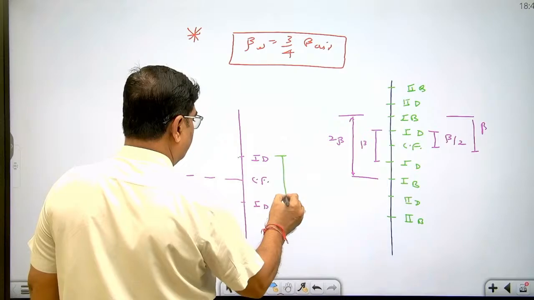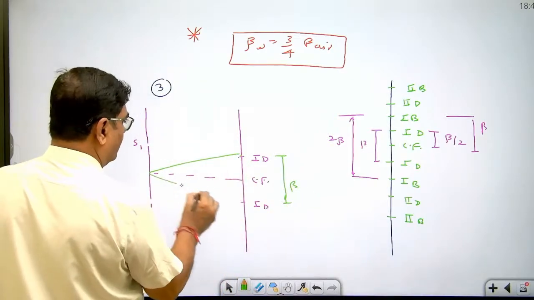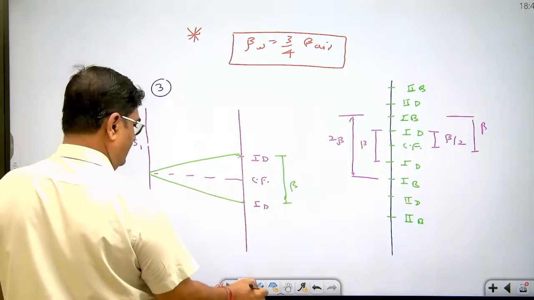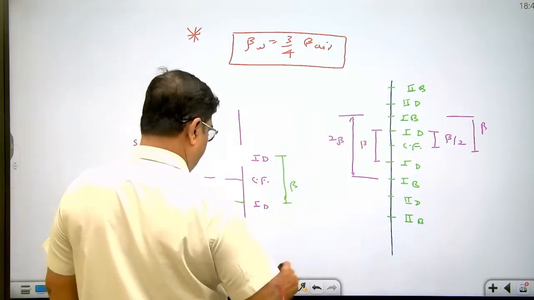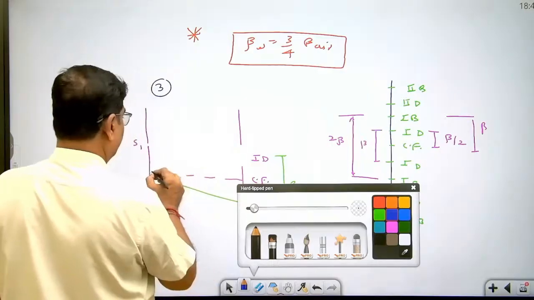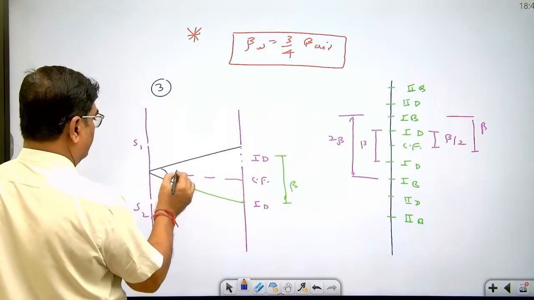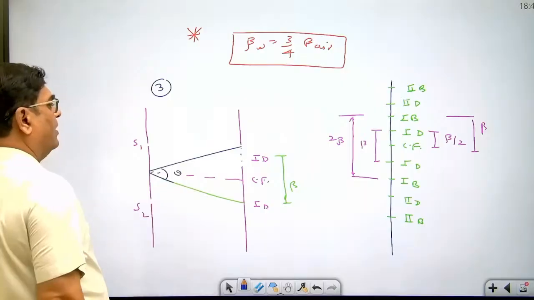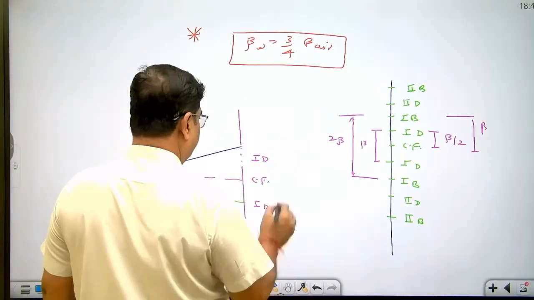This is beta. The angle subtended corresponding to beta is theta.